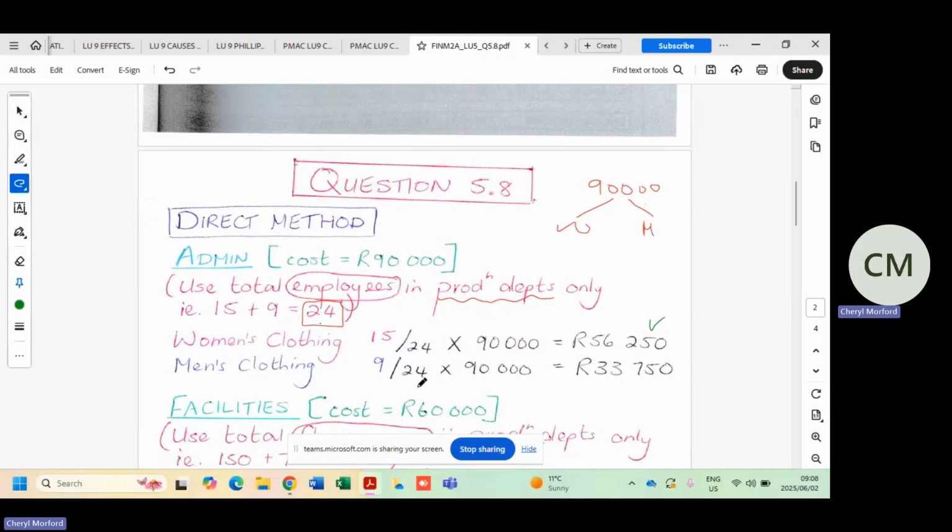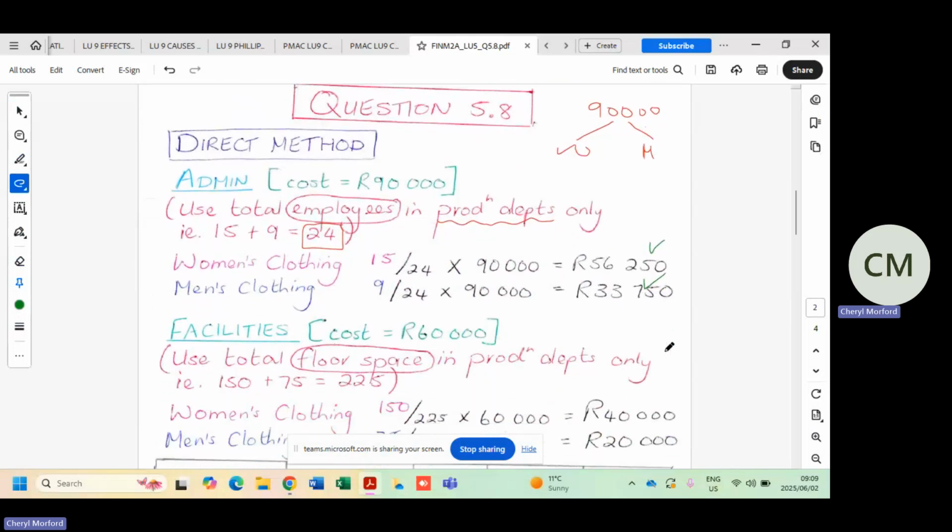So if I say the 90,000 times 9 over 24 gives me 33,750. And obviously, if I add the 56 and the 33 back together, it must come to the 90,000. So that is as simple as the direct method is, but you will never think so if you look at the book. Right, now we're going to do the same for facilities.